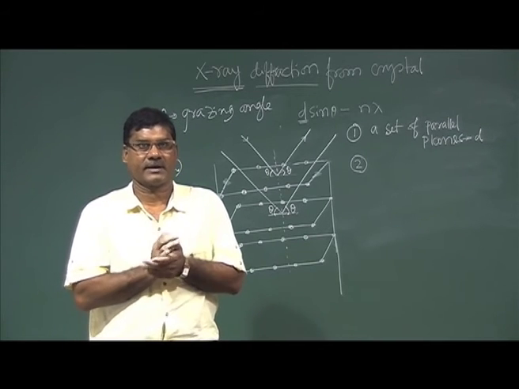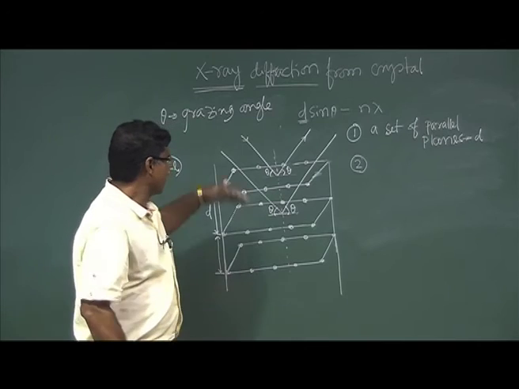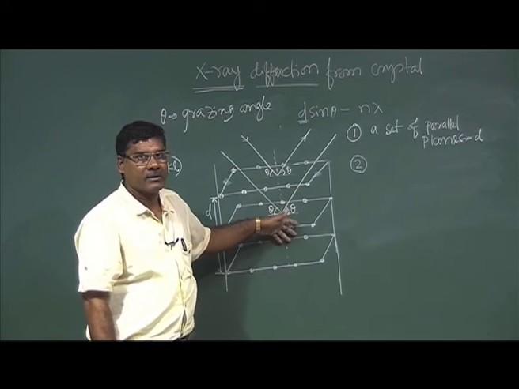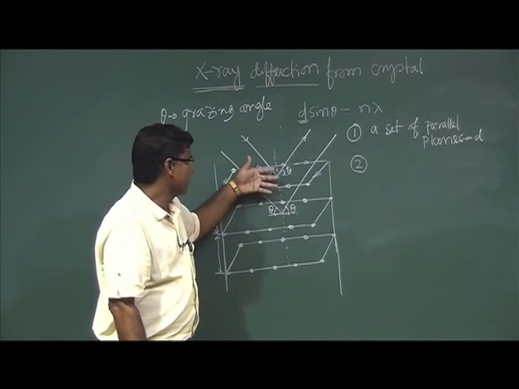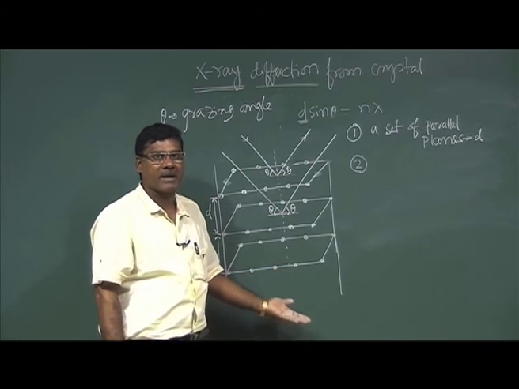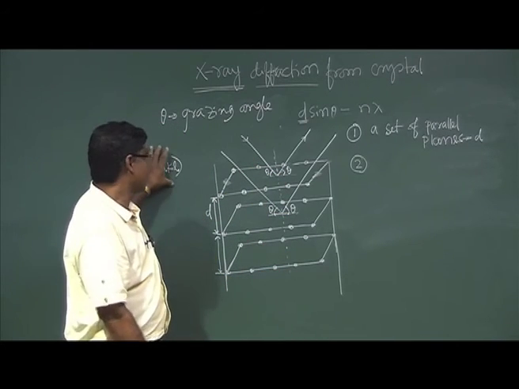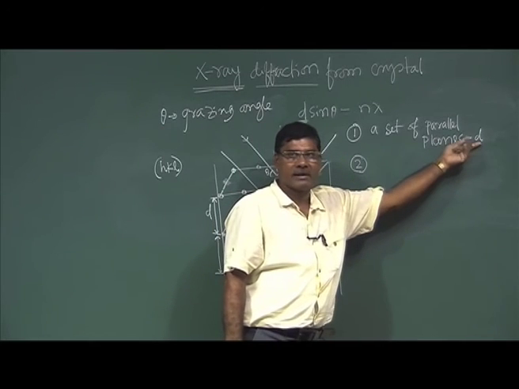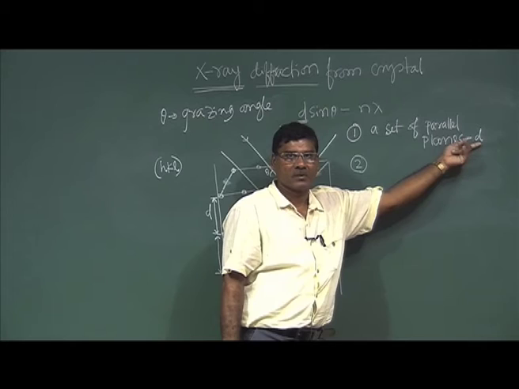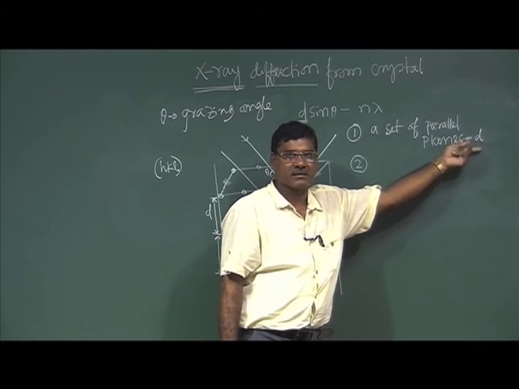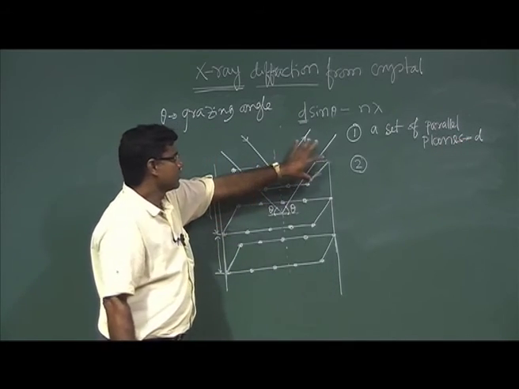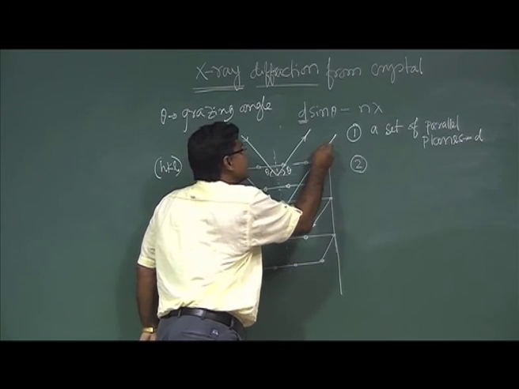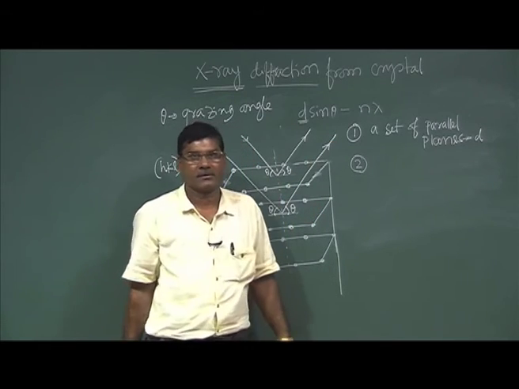When X-rays fall, they will be reflected from a set of parallel planes having the same index, meaning the same lattice constant. Then these reflected rays will interfere constructively.